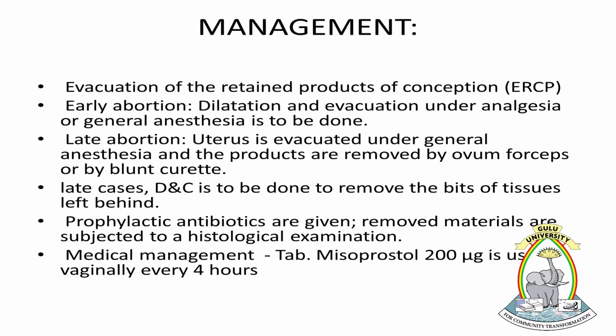For early abortion, dilatation and evacuation under anesthesia is very important. Sometimes with time the cervix will get closed, so you may still need to dilate and then evacuate. For late abortion, that's more than 12 weeks, you may need to do it under general anesthesia, and then use ovum forceps and other blunt curettes to actually get this product of conception out.